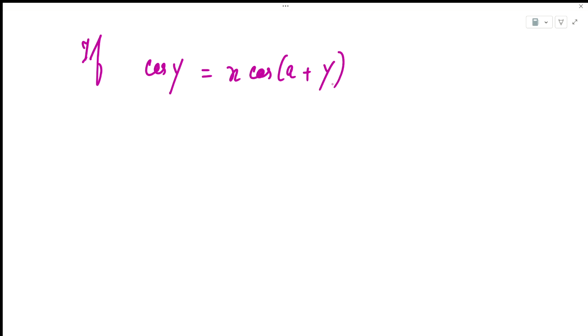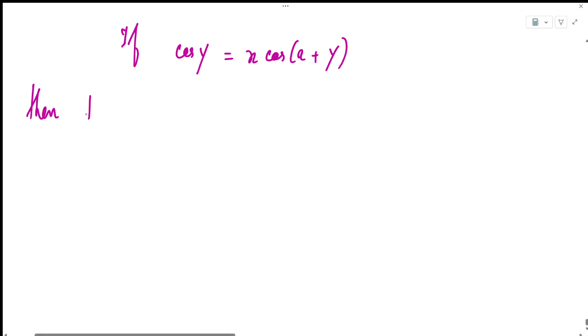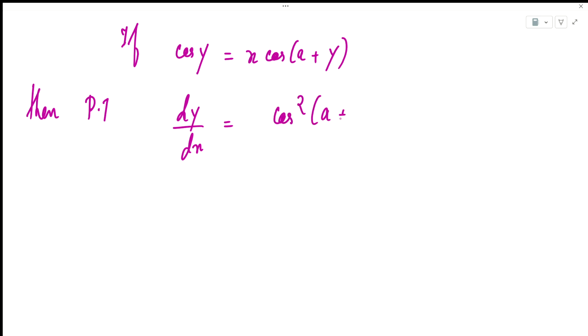Alright, so we'll move to the next question now. Another NCERT textbook question. If cos of y is equal to x into cos of a plus y, then we are to prove that dy by dx is equal to cos square a plus y divided by sin a.